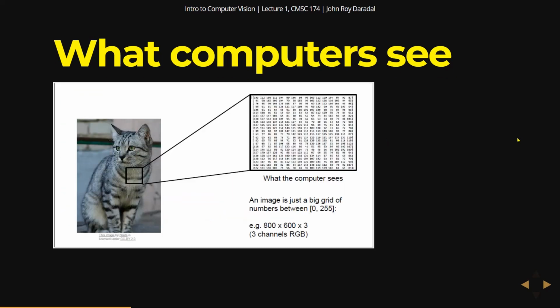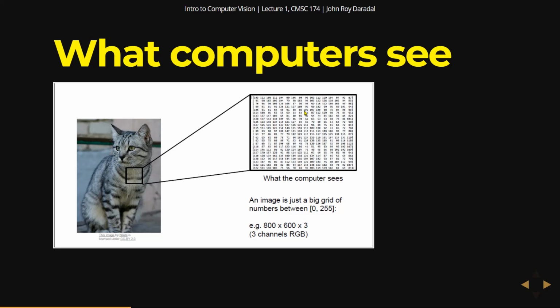So the computer sees an image which is just a big grid of numbers between 0 and 255. For example, in the image of this cat, we could zoom in on this part here, and this would be what the computer sees. It's just a bunch of numbers. So it's really a big leap from numbers to knowing that this image is a picture of a cat.